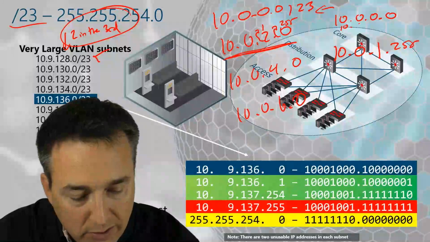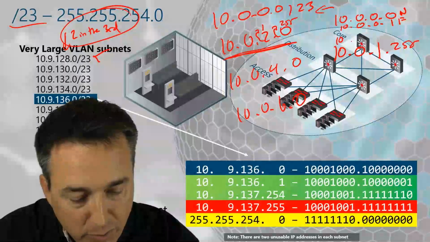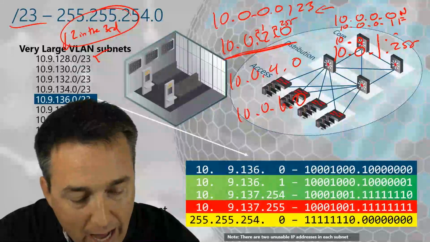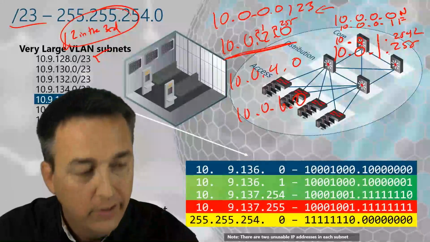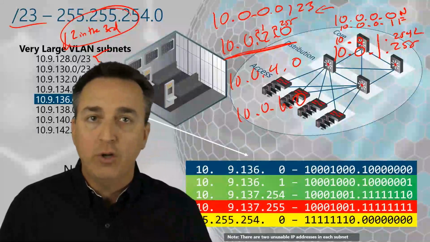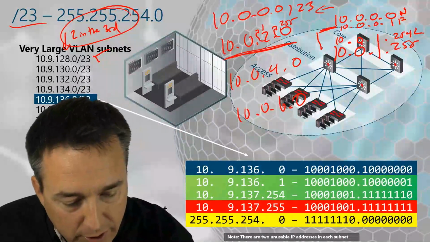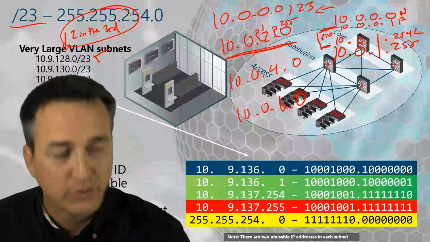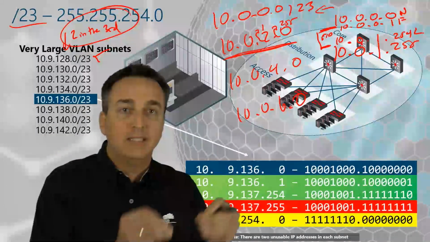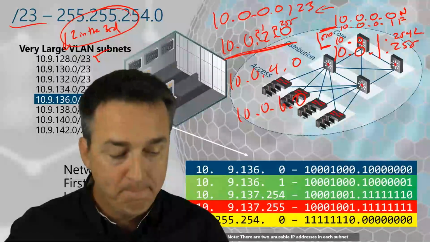So your first address is 10.0.0.1, and your last usable address would be 10.0.1.254. Notice we have a lot of addresses here, more than 254. We actually got 510, because it's everything from 10.0.0.0 all the way to 10.0.1.254.